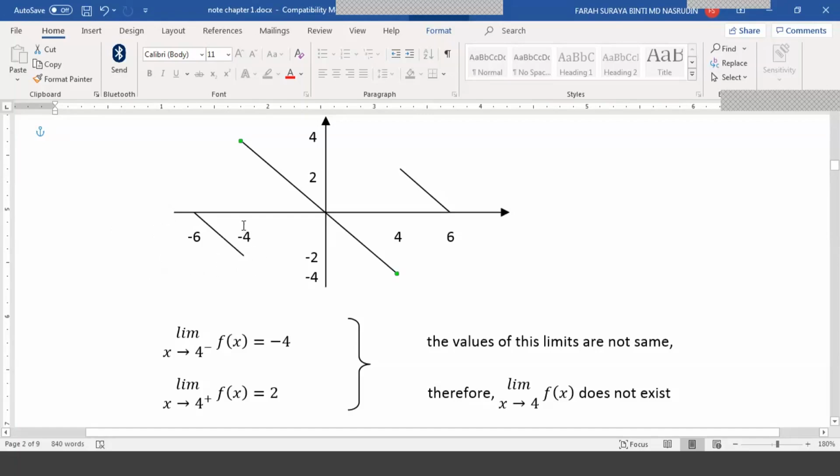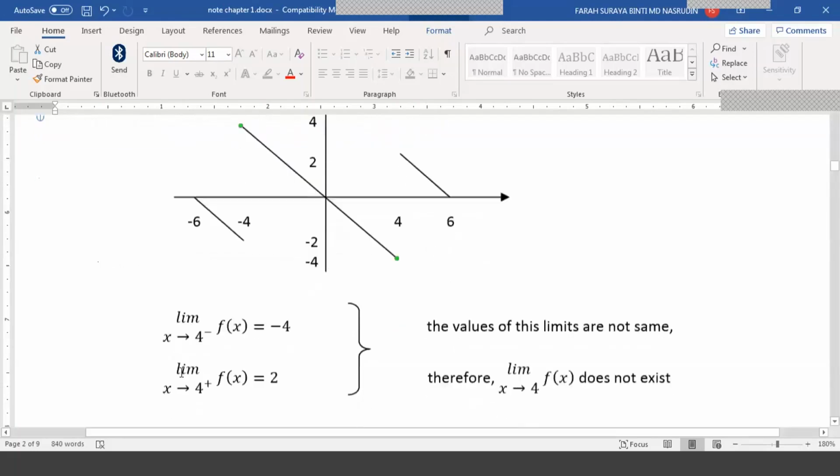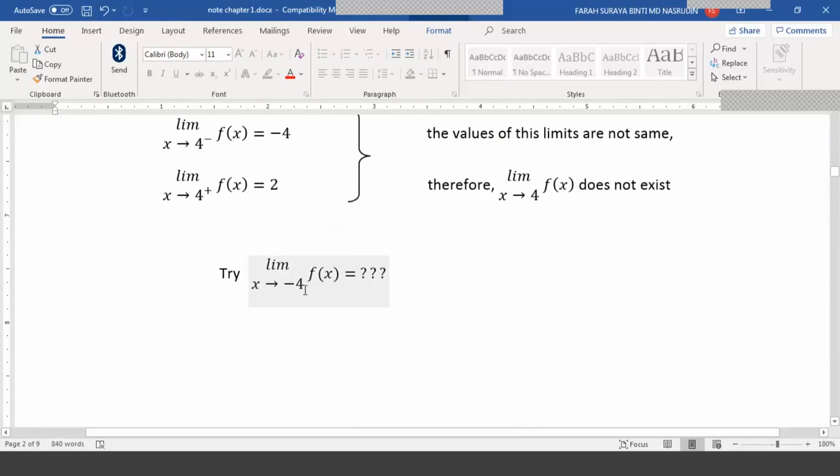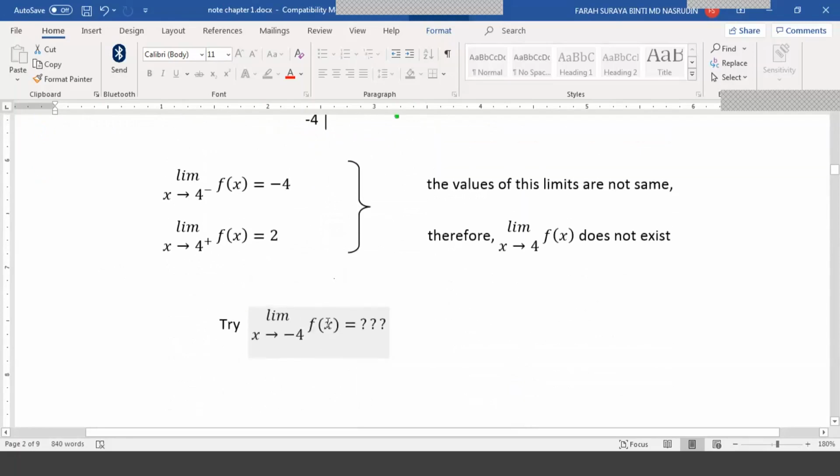Oh, kalau approach negatif 4, right limit dia 4. Okay, so kita boleh tengok tadi left limit negative 2, right limit 4. So limit dia tak samalah right dengan left. So untuk limit x approaches negative 4 ni pun jawapan dia not exist. Okay, the limit does not exist.